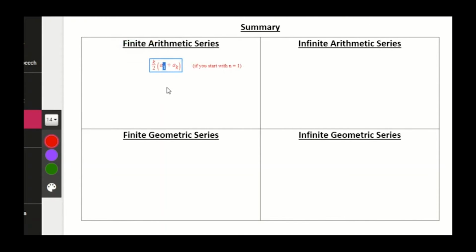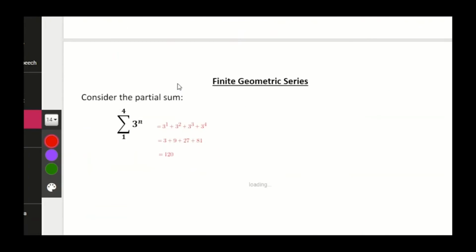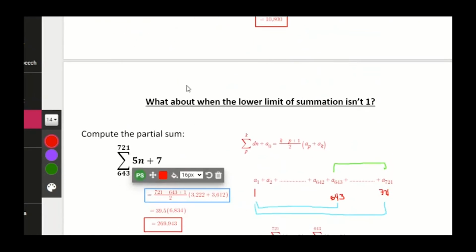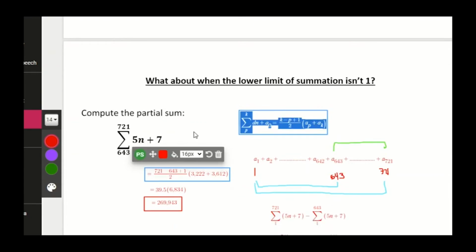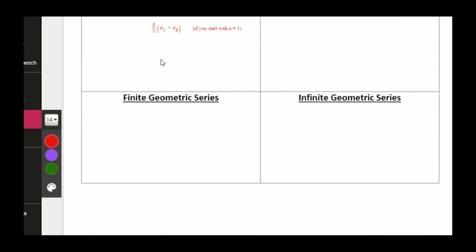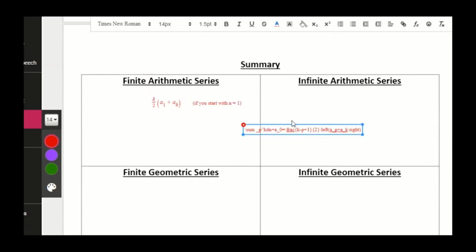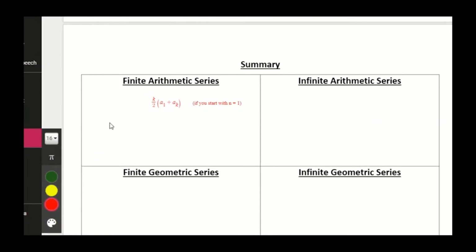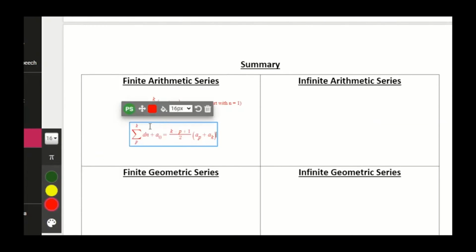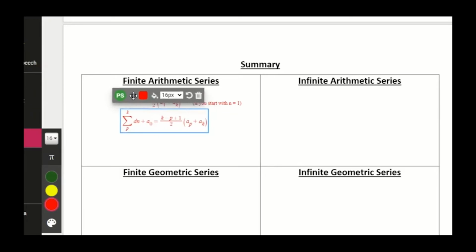Instead of starting at 1, we're going to start at, what letter did we use above? I thought it was P maybe. Yeah, so we'll use this one. In fact, maybe I should include the rest of the formula here. We'll use this equation right here. So this will be when n is not 1.